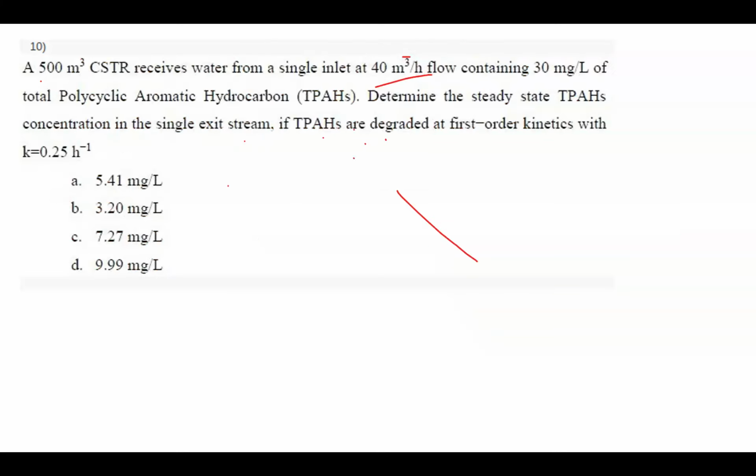First of all, we will write the known quantities here. What are the things which are given in the question?